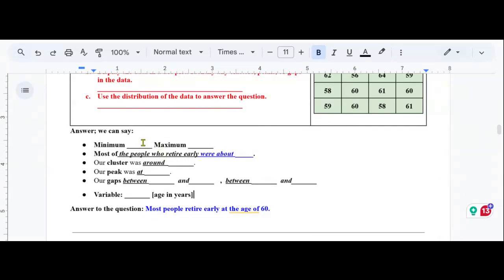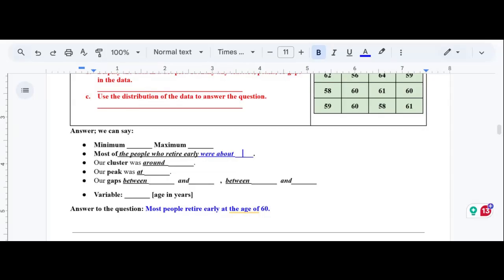Any other questions? Yes, the gaps. It's between 62 to 64. Is that right or not? You have to graph it. Yeah, so the gap. Now I didn't understand the variable.